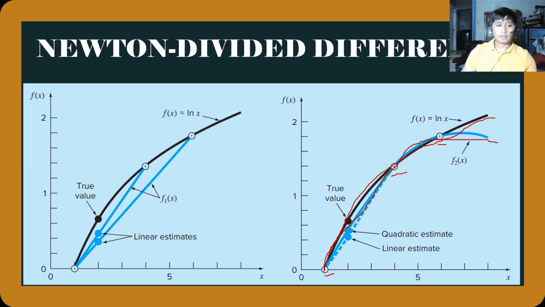Unlike the linear, if this is the true value, this is the predicted approximated value, the error is big.